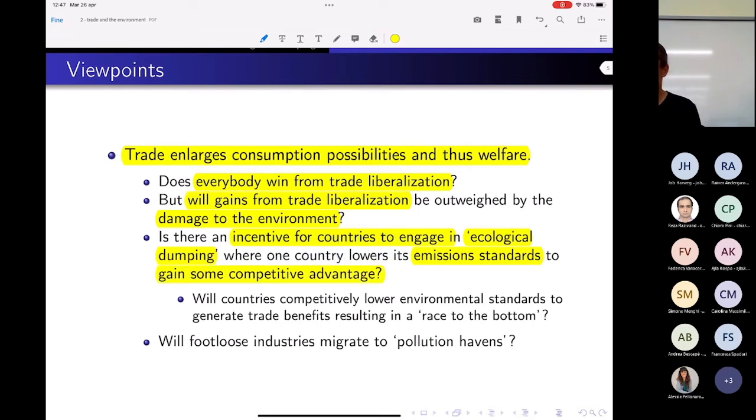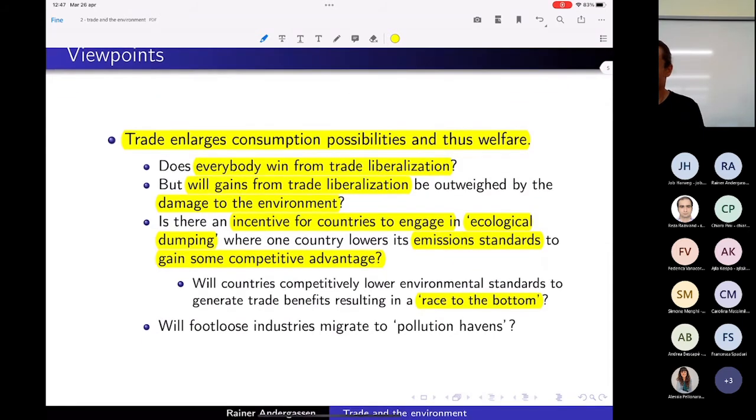Because if everybody engages in ecological dumping, then what you have is just a race to the bottom. And another issue we are going to discuss is, will footloose industries, industries that can move their capital around, migrate to pollution havens? Pollution havens are countries where environmental standards are very low.